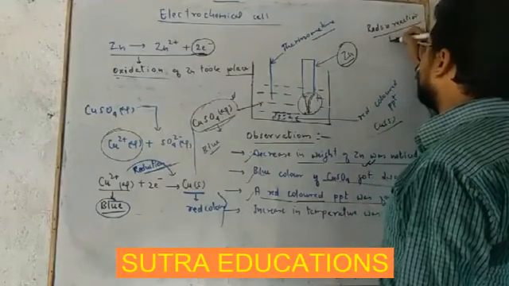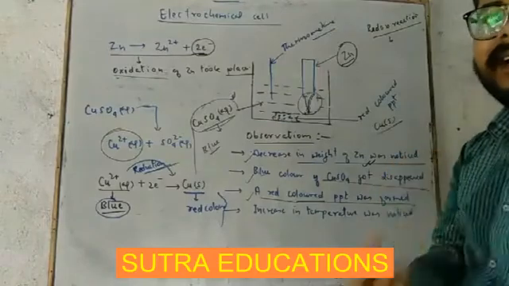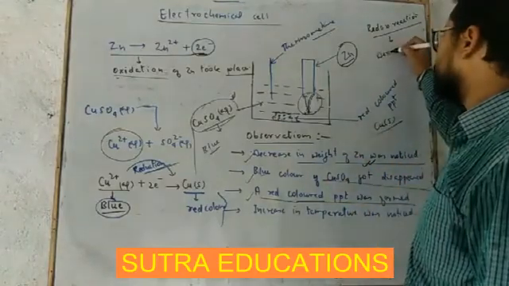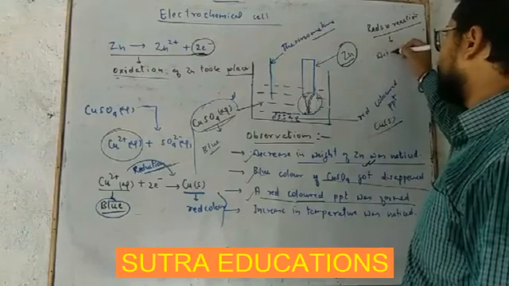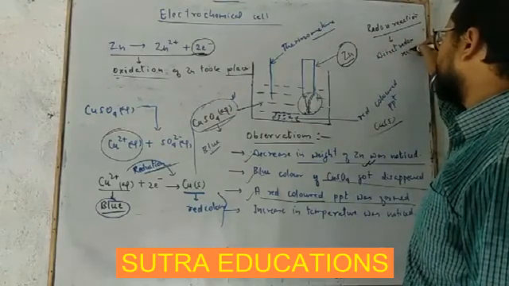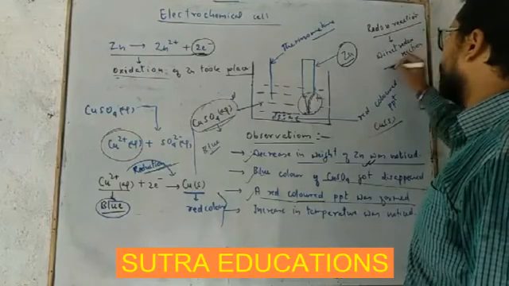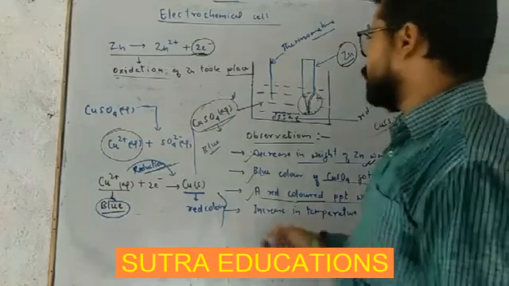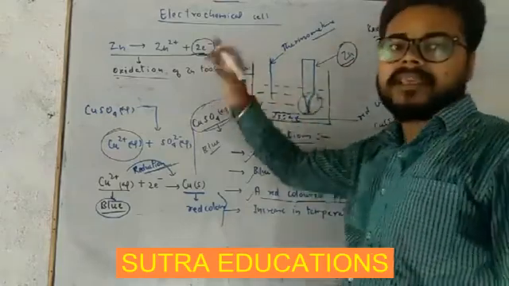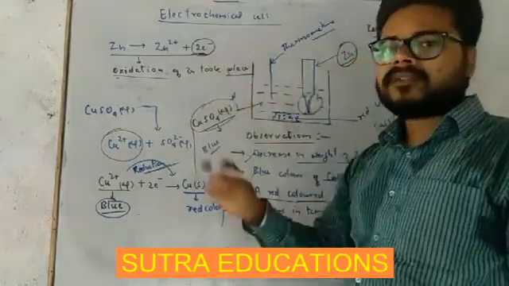And this redox reaction here is a direct redox reaction. Why is it called a direct redox reaction? Because you can see that zinc is inserted just in the electrolyte, so they are in direct contact.